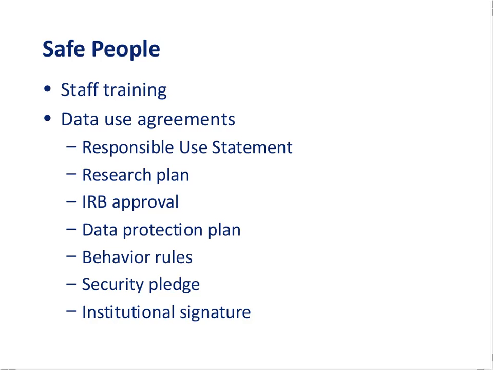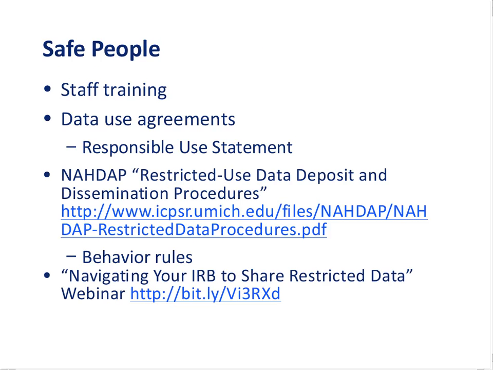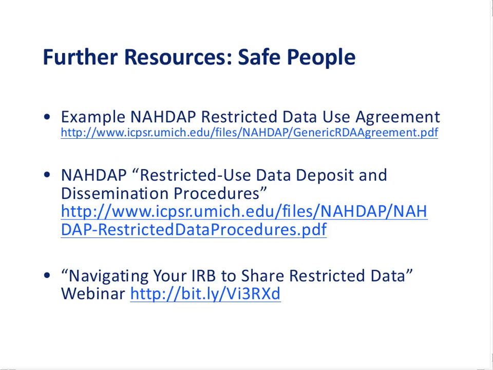So tailoring language such as responsible use statements, a research plan, data protection plans, security pledges. Here's some resources for safe people. This top one, the example NADAP restricted data use agreement, actually the middle one, are both really great resources on language and protocols that you use when restricting data, and especially disseminating data.